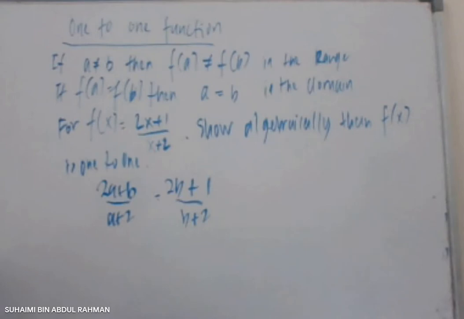We do cross multiplication: (A plus 1) multiplied by (B plus 2).